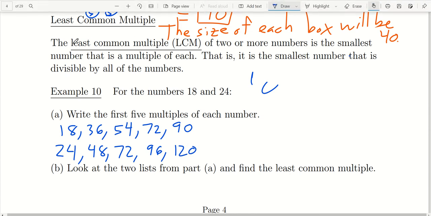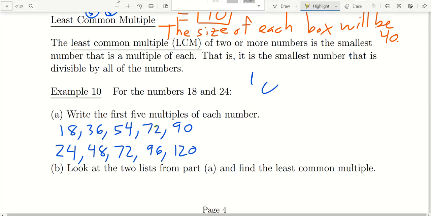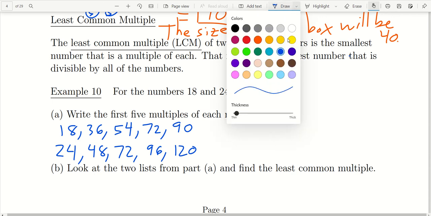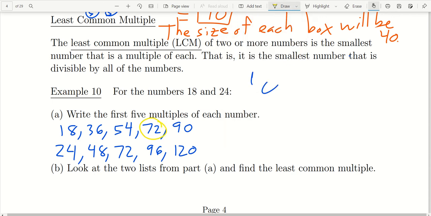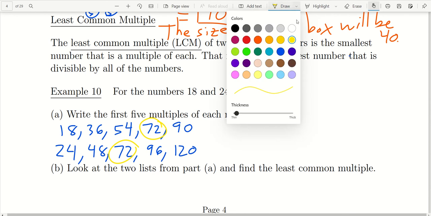And when we say the least common multiple, it's the smallest number that is a multiple of each of them. If we look through this list, that's going to be the number 72. 72 belongs to both lists, and it's the smallest such number. If we were to keep on going, there would be more numbers that are common.